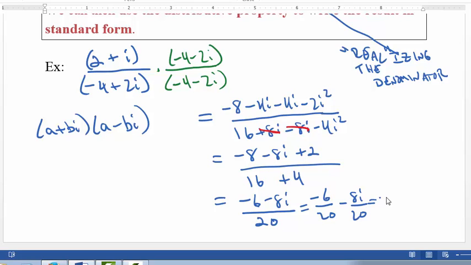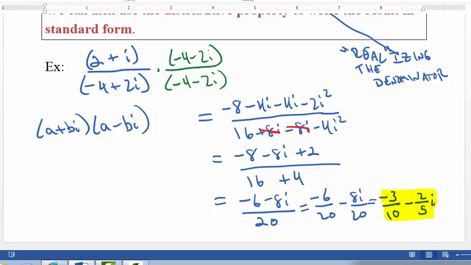Negative 6/20 would be negative 3/10. And then negative 8i over 20 is going to be negative 2/5 i. So that would be your standard a plus bi form, right? Where a is negative 3/10 and b is negative 2/5. So that would be your normal form, your standard form.